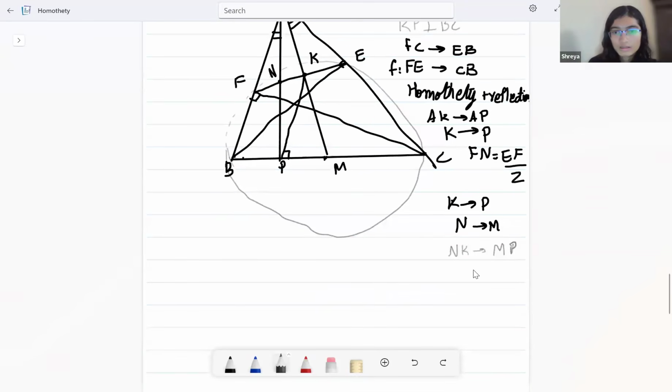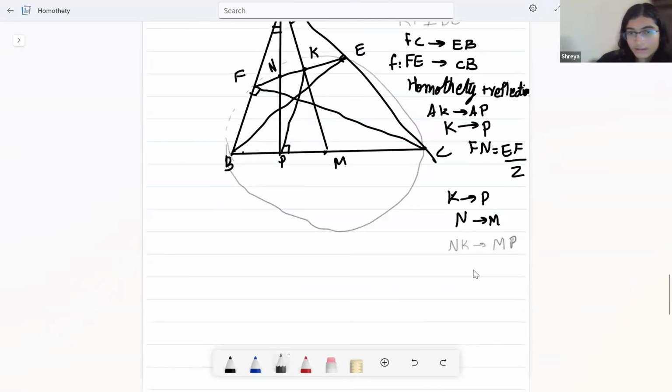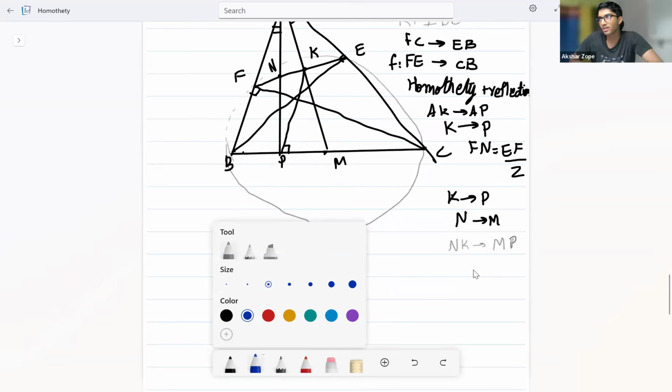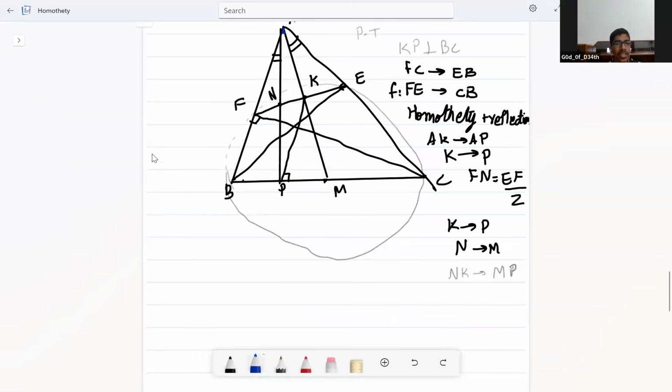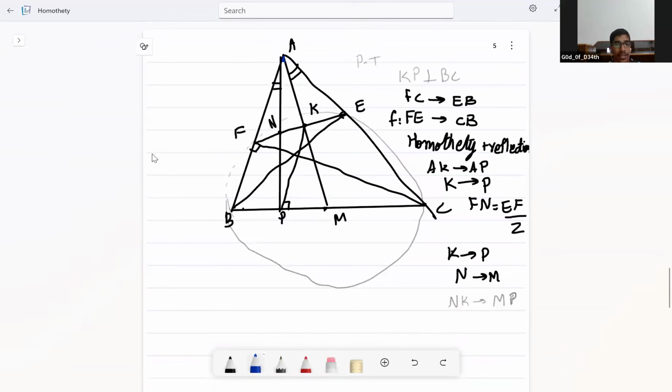So this transformation is really nice. What does it give you? Can you angle chase in this? Does this not give K and PM cyclic? Yes, exactly. It gives K and PM cyclic. You don't really need to do what I just said, but that's the main point.